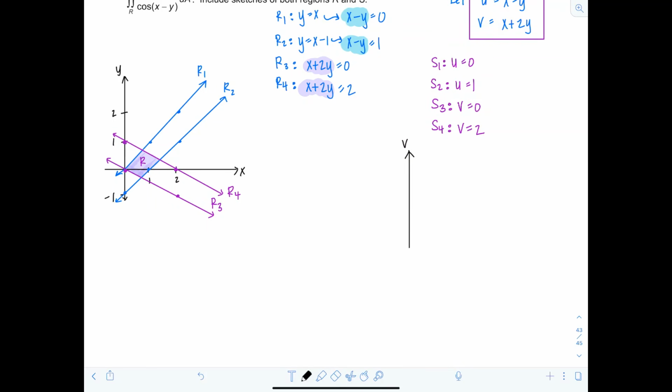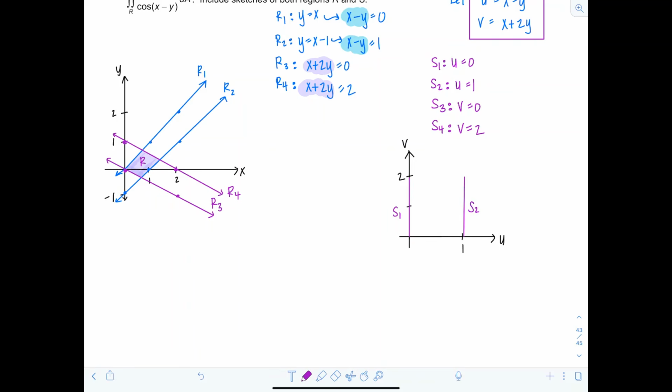Okay, v-axis, u-axis. U is going to go from 0 to 1. V is going to go from 0 to 2. So u equals 0 is right here. That's S1. U equals 1, that's right here.